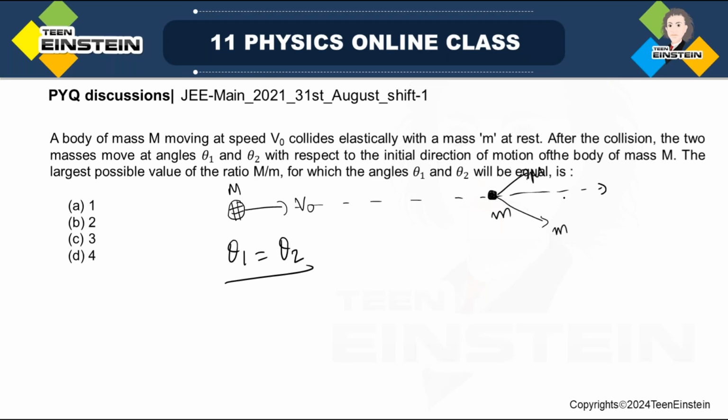Since it is a collision, we have to apply both the conservation of linear momentum and conservation of kinetic energy. And in this case, since these angles are theta 1 and theta 2, we have to consider both the laws in both directions, in the x direction and in the y direction.